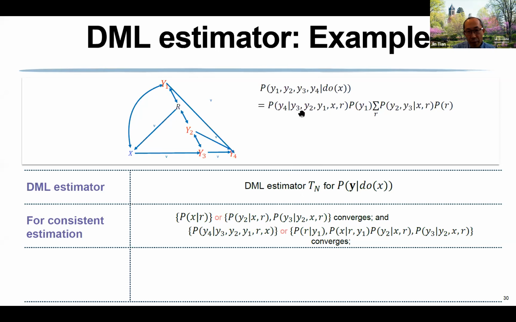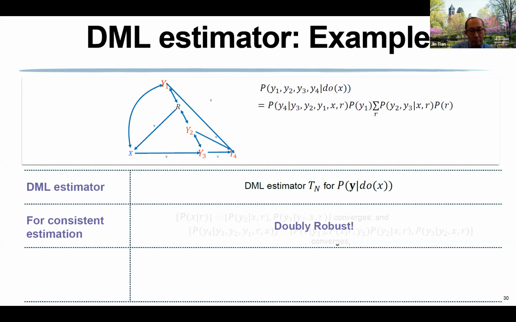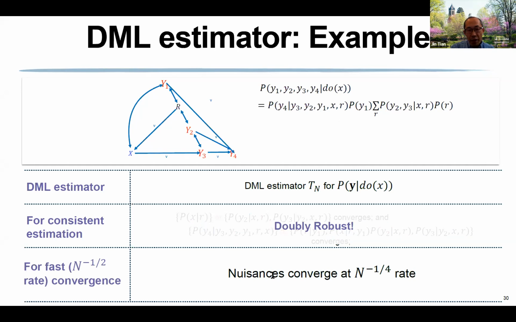Double robustness basically says that our estimator will converge if either this group of nuisances or this group of nuisances converges. You can compare with the standard plugin, which requires all these groups of nuisances to converge. So that's the double robustness property. And also it satisfies the debiasedness property.